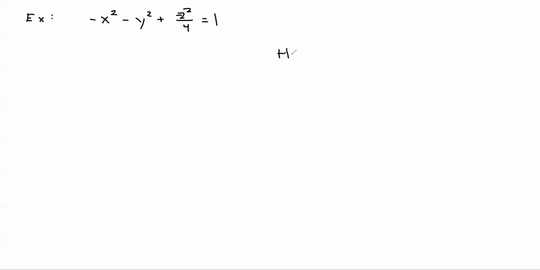This is a hyperboloid of two sheets. The way that you can tell the difference: hyperboloids of two sheets have two negatives. Hyperboloids of one sheet have one. The general form for a hyperboloid of one sheet, at least the particular one that we're graphing, is the following.